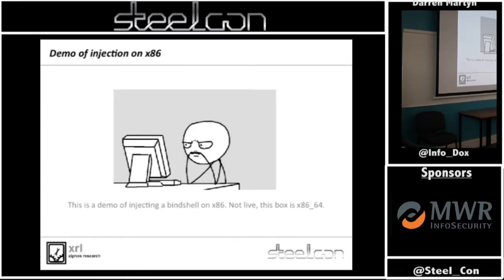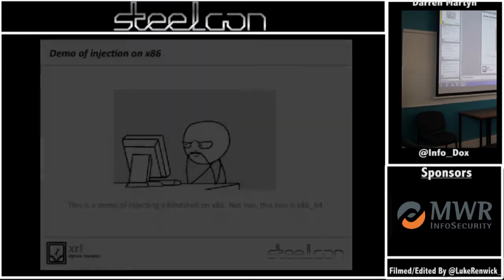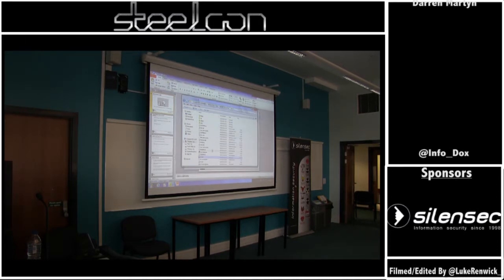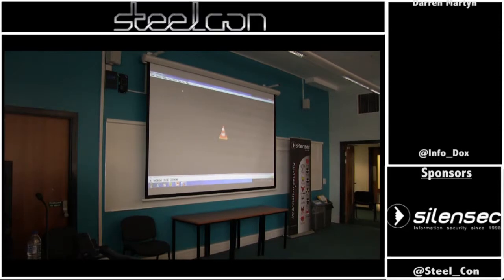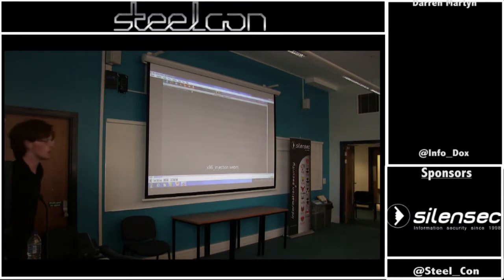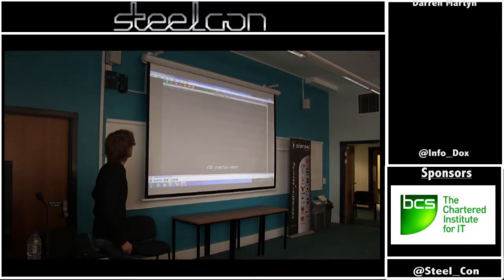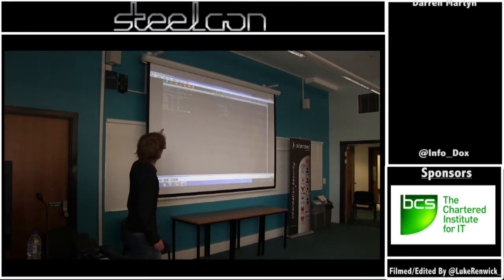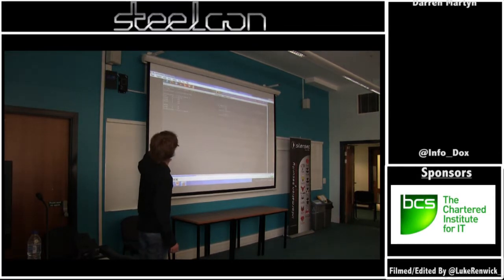So this is the same injection code running on 32-bit. Not live, because the laptop I brought with me fell over and died on me, and I feel a bit silly about it, but what can you do? We can open file x86. This is the same injection code running on a 32-bit box. We run our test program, and then we check the ports that are listening after running a test.